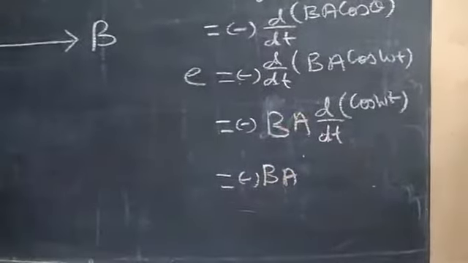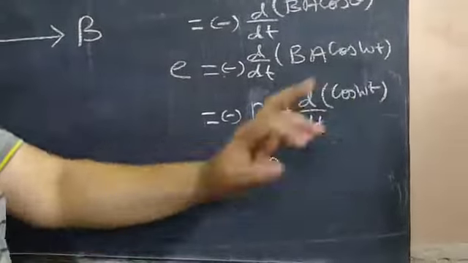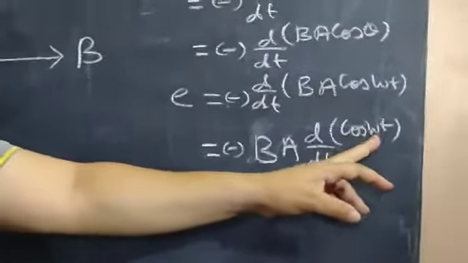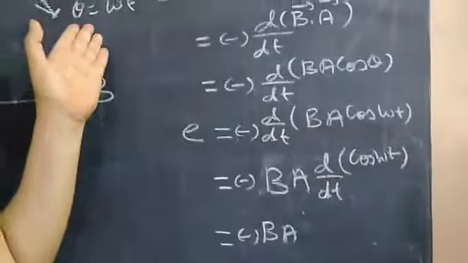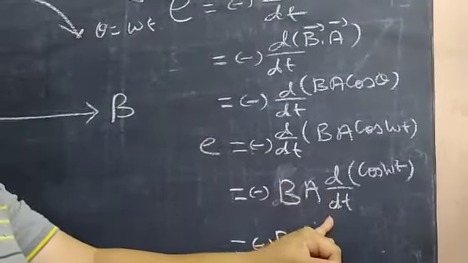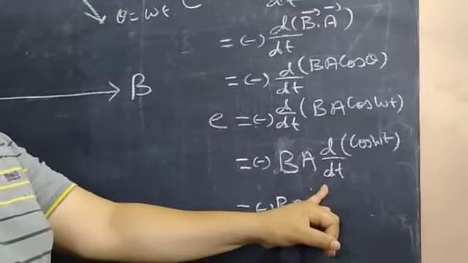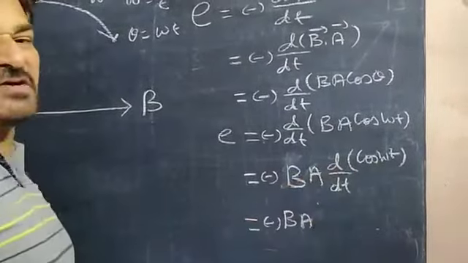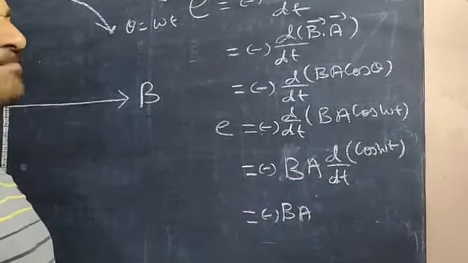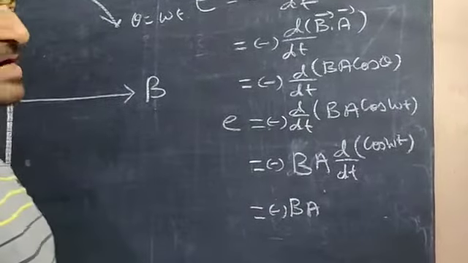Now, the differentiation of cos omega t. The nature of omega t, as we discussed, is of an angle, and we are differentiating it with respect to time, so differentiation will take place in two steps. First, we differentiate cosine omega t, then omega t.